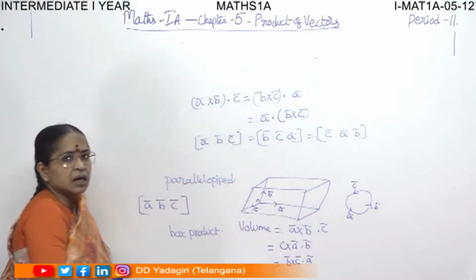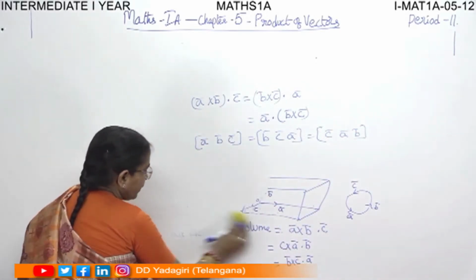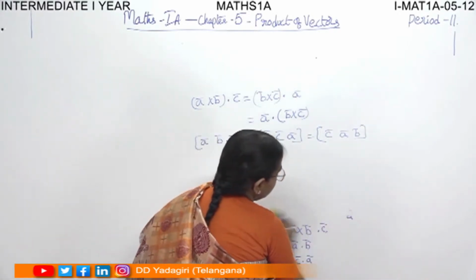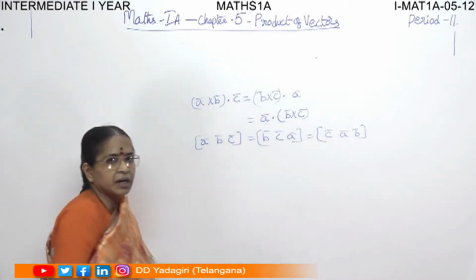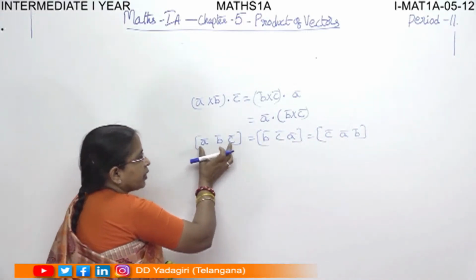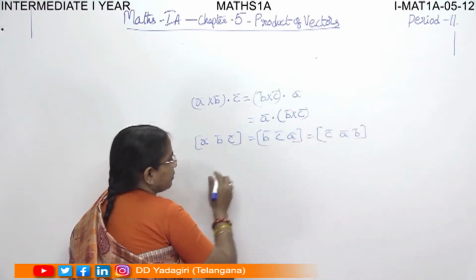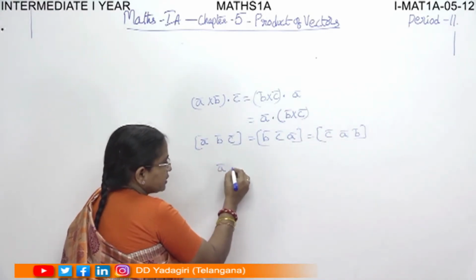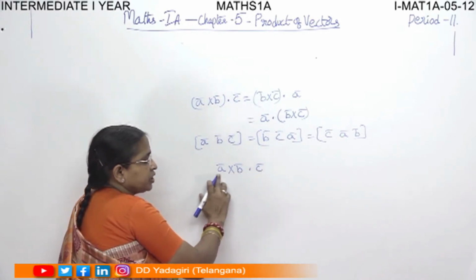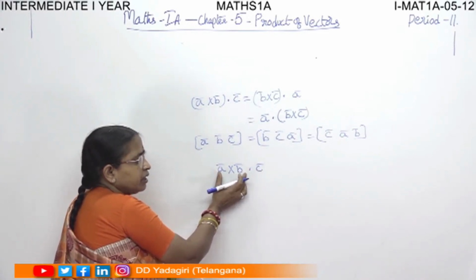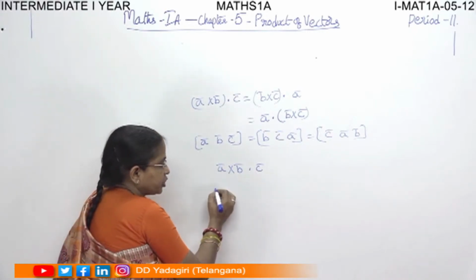Now this is about the volume of the parallelepiped and also the scalar triple product. When the cyclic order is maintained, you can write the scalar triple product as box ABC or BCA or CAB. Now if we come to the properties, A cross B dot C. If I interchange the vectors in the cross product, then I should change the sign.